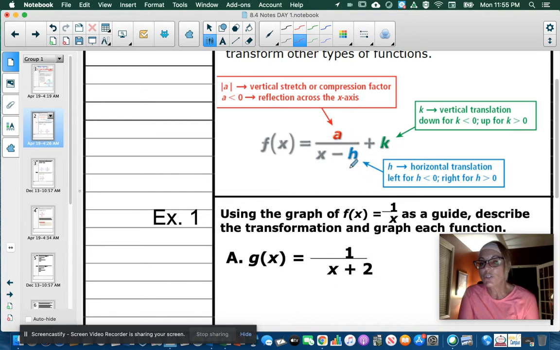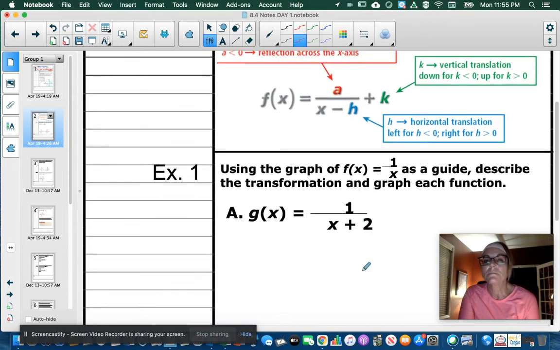Whatever is attached to the x always reflects left or right, and it's always opposite of what you think with the left or right. We'll go over this more in other examples: x minus h is going to shift to the right, x plus h would be to the left.